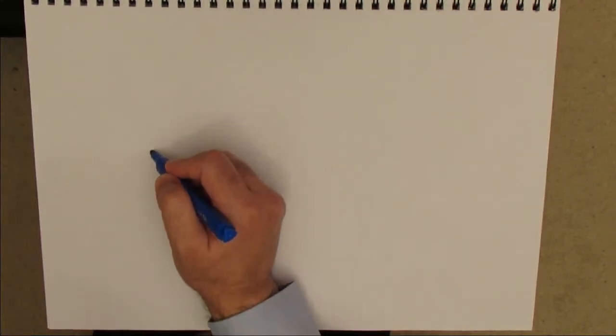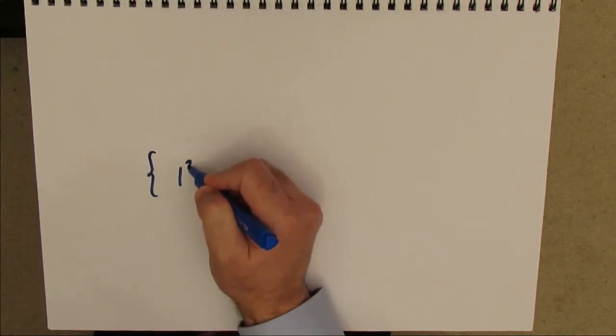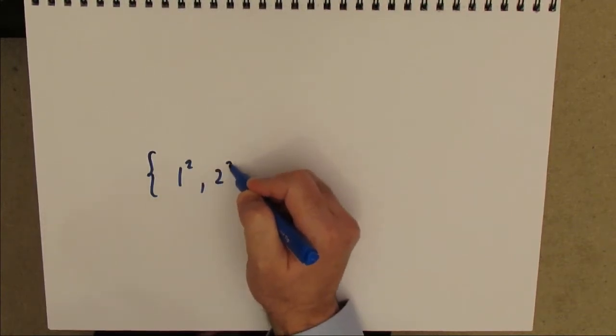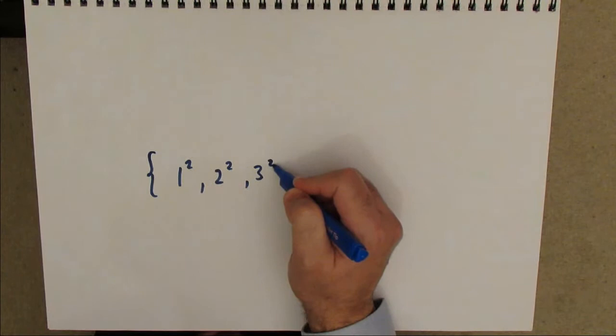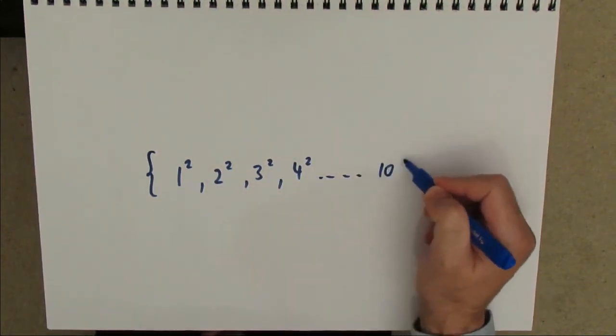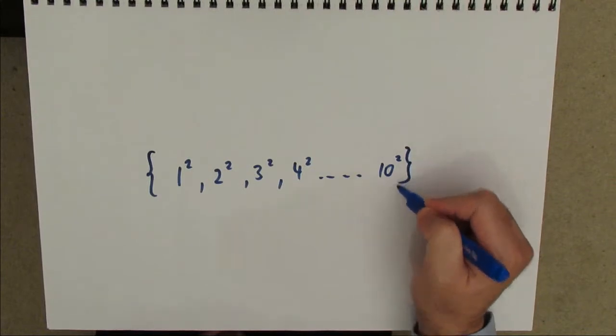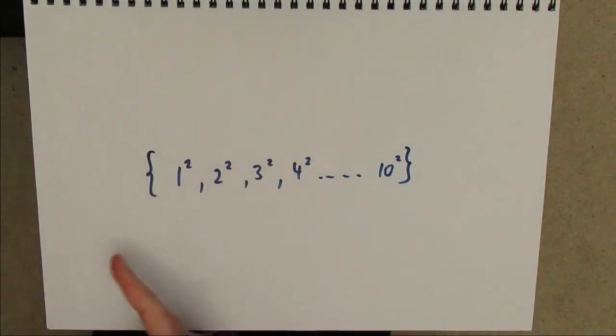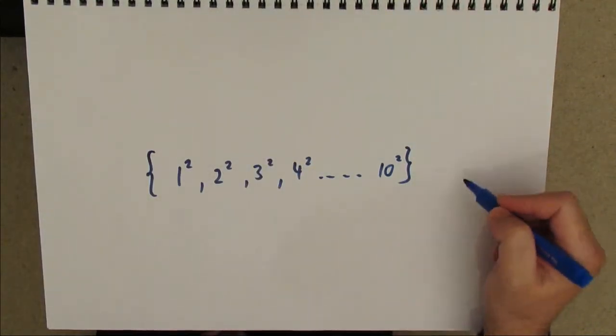Next, we compare the set of counting numbers to the squares of counting numbers. This one is more difficult as we can't pair the elements up, but we can still count the number of elements. So this one has 10 elements.